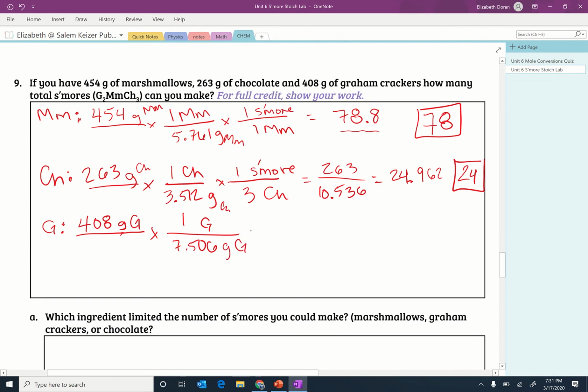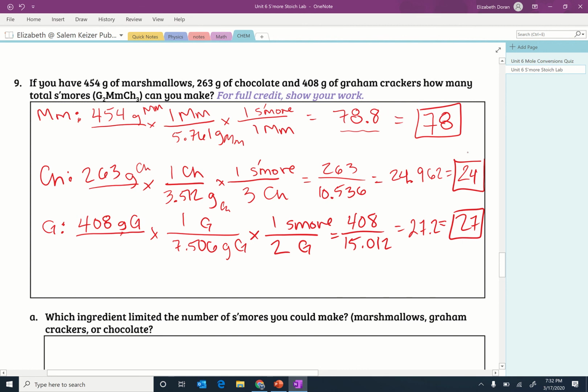So in 1 s'more, we have 2 graham crackers. So we multiply across the top, we got 408. Multiply across the bottom, we get 15.012. We do our division, and we get 27.2. We round down to 27.